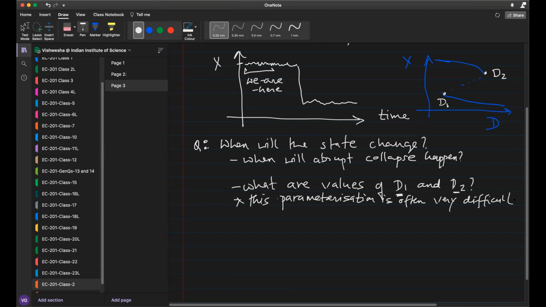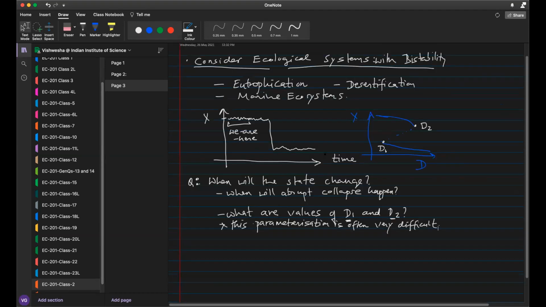So what are the questions you might be interested in, if you're somewhere here and trying to manage the ecosystem? What other kinds of questions may come to your mind? The question is, can we do some mathematical modeling to address these questions? Can we say something about the critical slowing down at the tipping point, where very slow dynamics are observed?